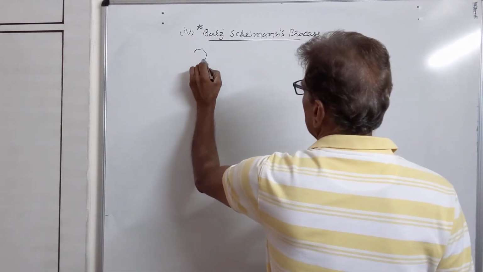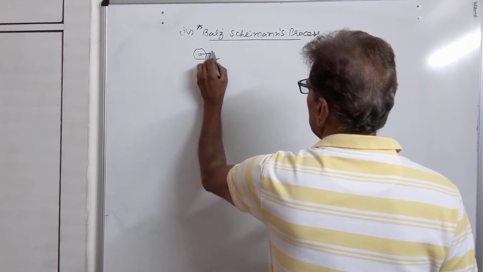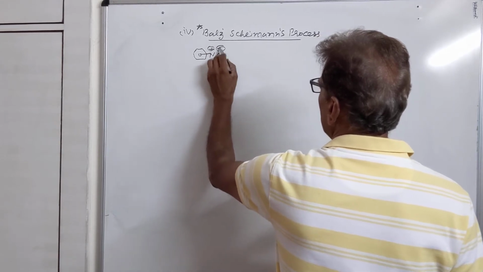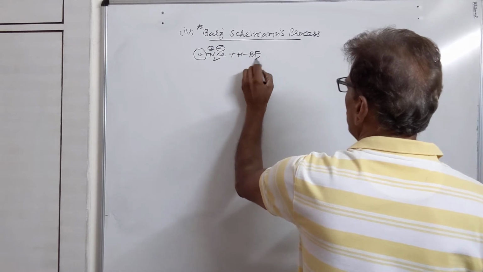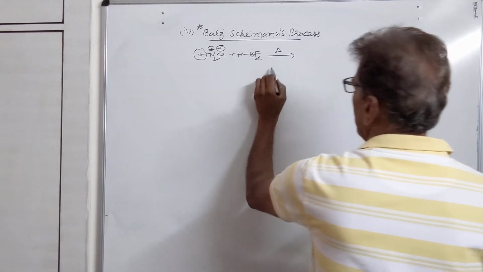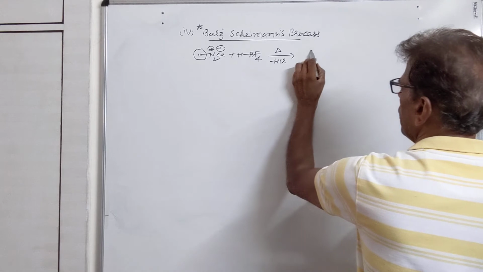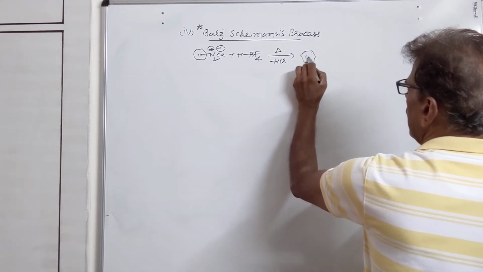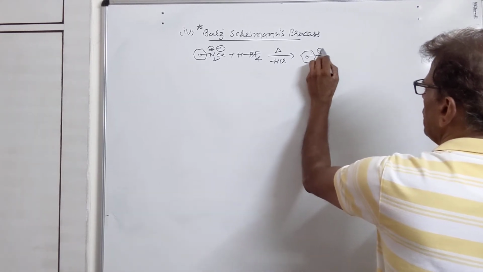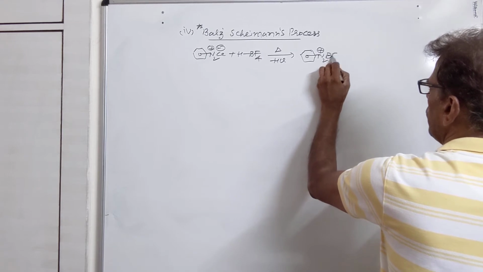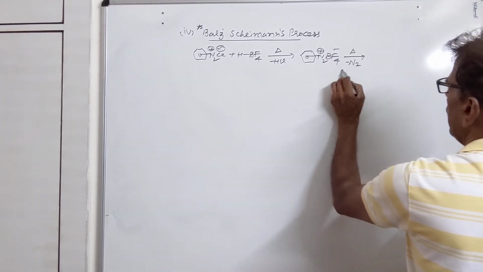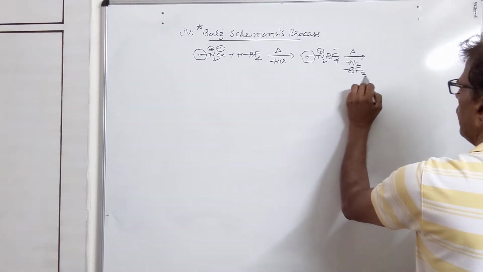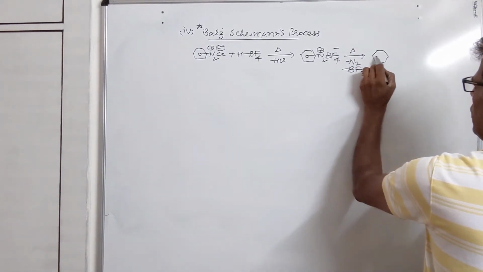In this reaction, benzene diazonium chloride is treated with tetrafluoroboric acid. It eliminates a molecule of HCl and first of all produces benzene diazonium tetrafluoroborate. This on heating loses N2, loses BF3 and gives you fluorobenzene.